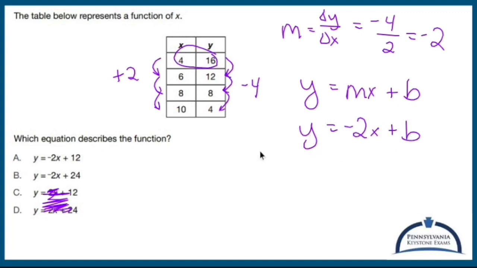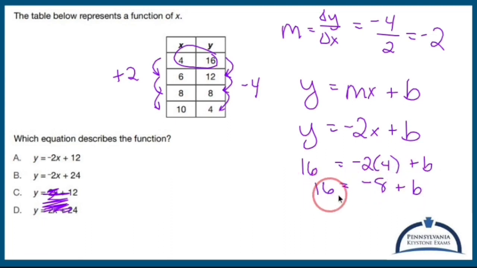If I choose that point right there, my y value is 16, so I'm going to replace y with 16. That's going to equal -2 times, if I chose that point, my x value is 4, so 4 plus b. Multiply these together, you've got -8 plus b equals 16.